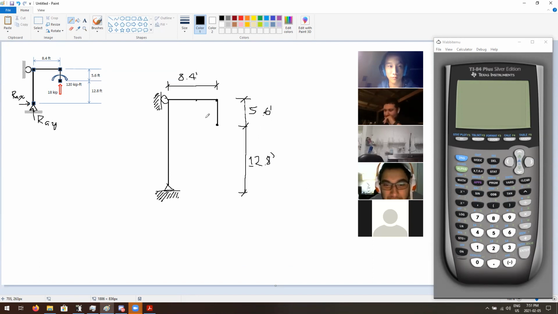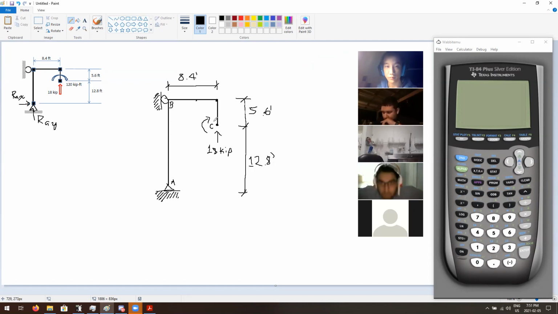In that time, Edison's drawn it nice. Awesome. So we have a force right here of 18 kip. And we have a moment at C. I'm going to label this. This is going to be A. They only gave A, so I'm just going to label this B and this C, because there's nothing happening right here.